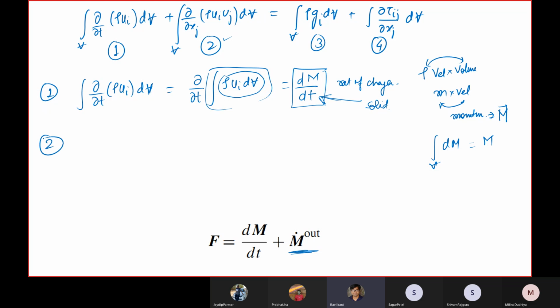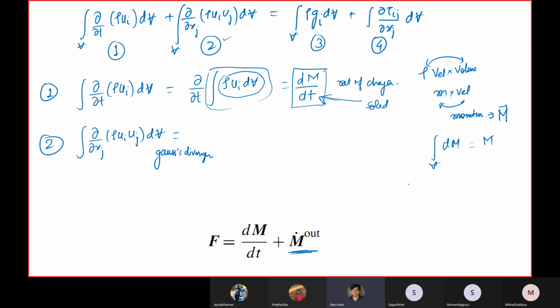Let's see that. For the second integral I will take ∂/∂xj of rho ui uj dV. Now apply Gauss's divergence theorem.